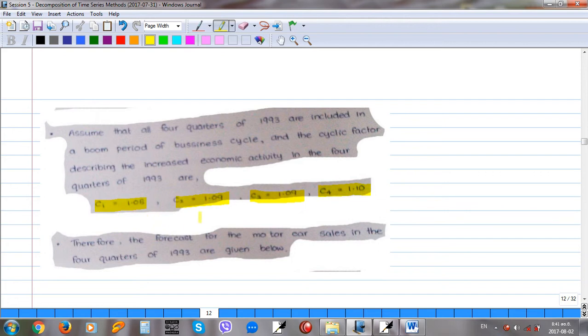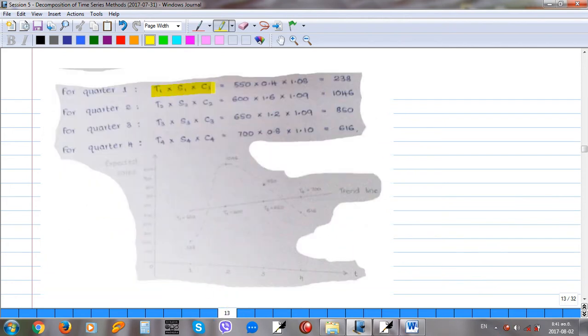Therefore, the forecast for motor car sales in the quarters of 1993 is given below. If the cyclic component is also added, you multiply all of them, T times S times C. T1 we knew, S1 is given, and C1 is now given. Multiplying these values, the first value is 278, then 238, then the second value 1046, and 850, and 660.